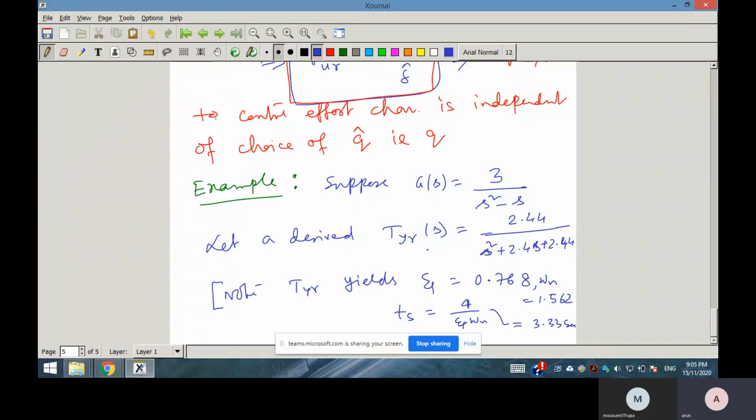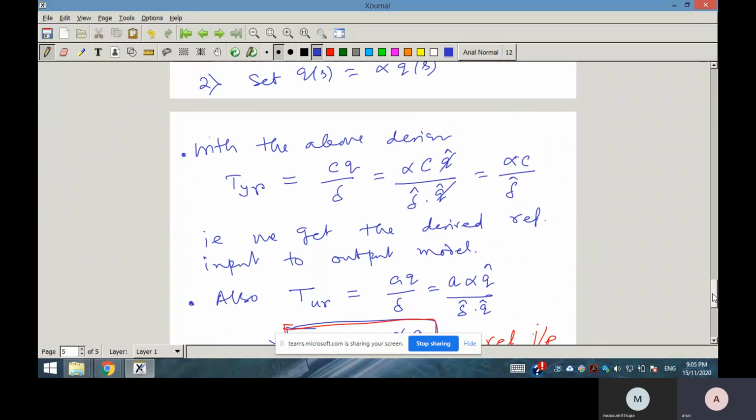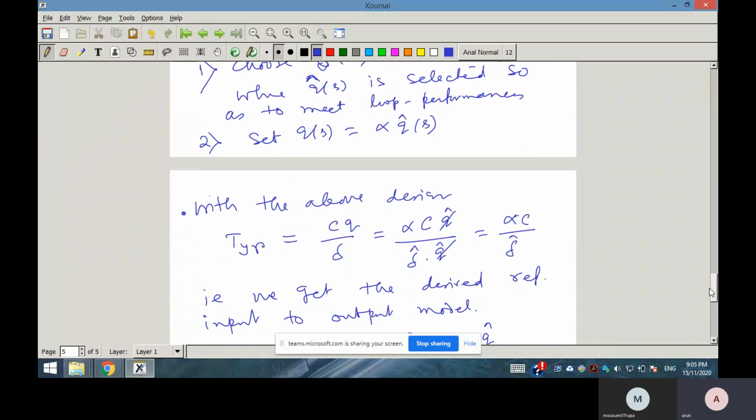Now I have to choose a proper Q hat(S). So the first step in your design is the choice of a proper reference model. The second step is the choice of Q hat(S). Then Q(S) will be known to you.